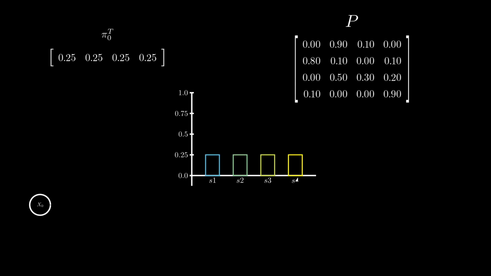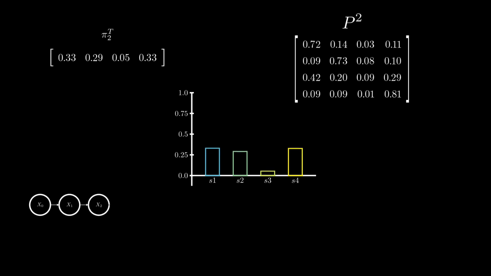You can see that the row vector has 0.25 or 1/4 as the entries for all the states. And we have our transition matrix initialized like this. Now to calculate the distribution at t1, we simply multiply the row vector with the transition matrix, and here is the updated distribution.